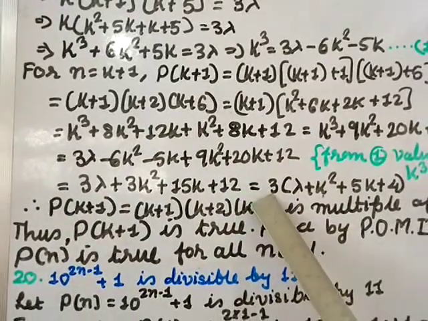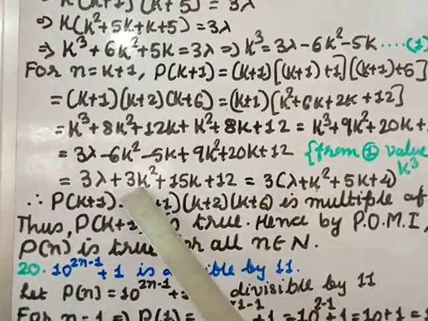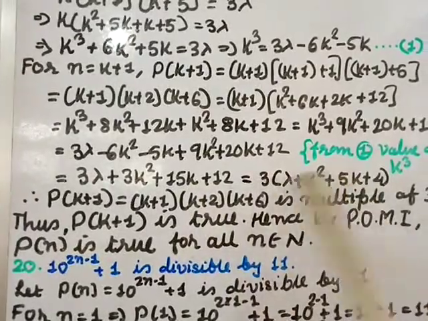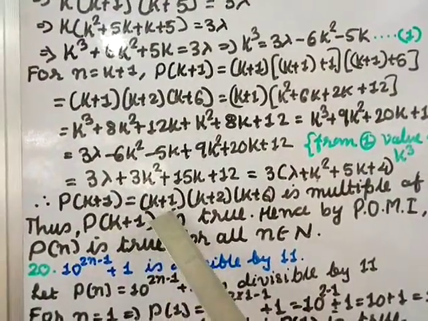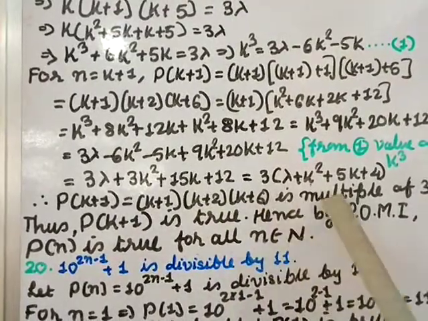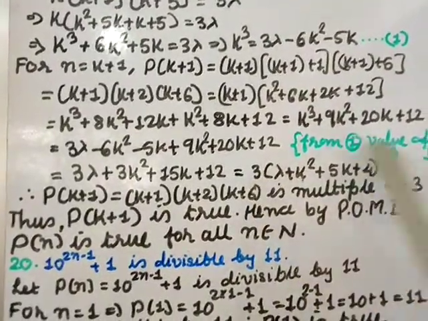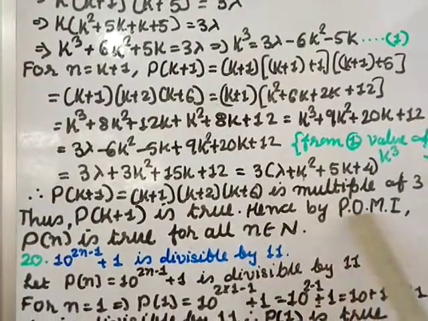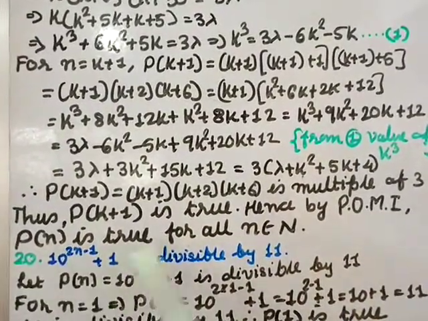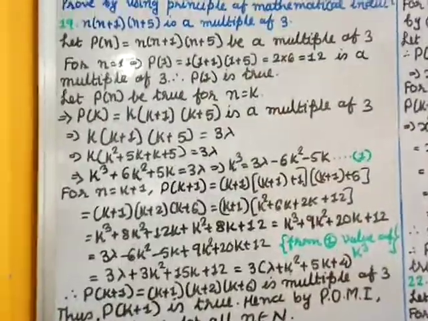From here you take 3 common: here remains lambda, k square, 5 and 4. So what we have proved is Pk plus 1 equal to k plus 1, k plus 2, k plus 6 is a multiple of 3, because we found 3 into some value. So we can say that Pk plus 1 is true. Hence by principle of mathematical induction, Pn is true for all n belongs to capital N.